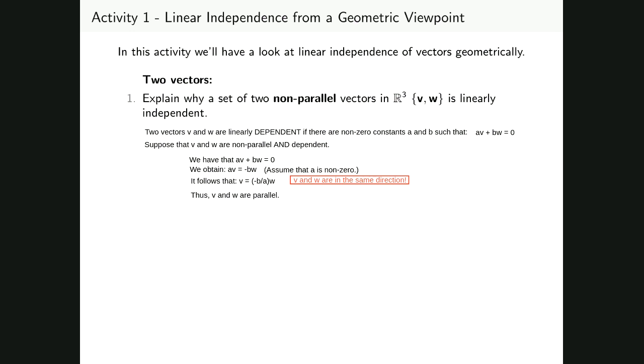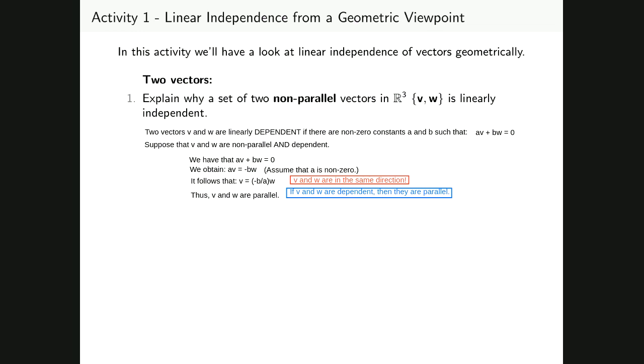Okay, so what have we got? We've got if they are dependent, then they are parallel. Okay, which is exactly what we were trying to show: that non-parallel implies independent.